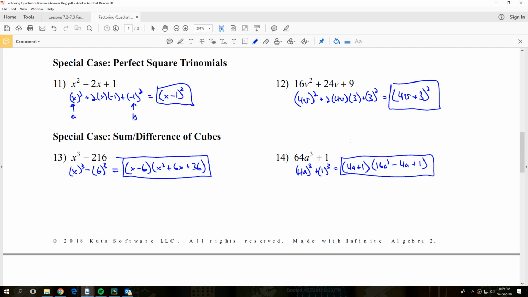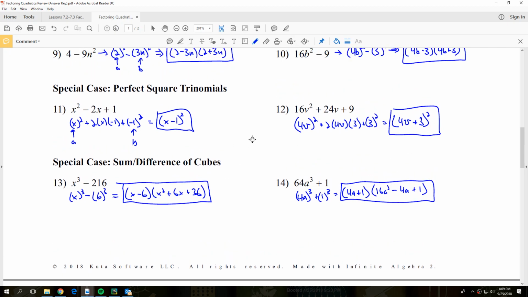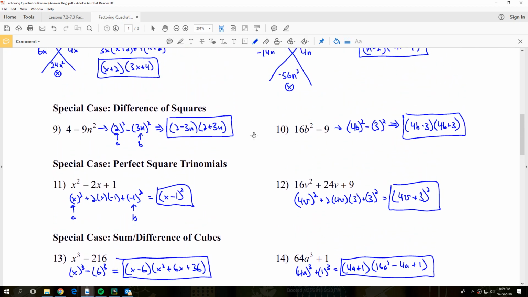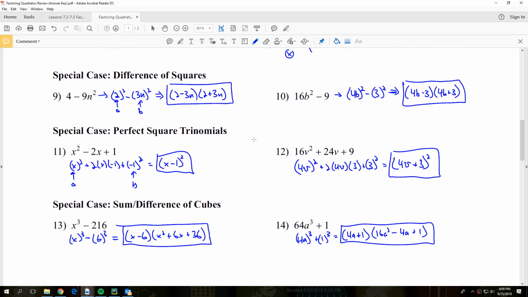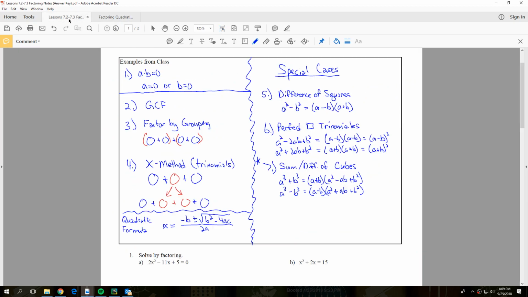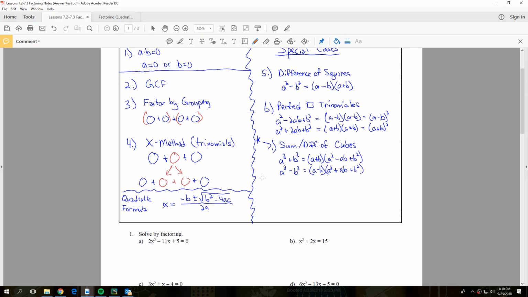Okay. There was one other method that I did not cover at all, and that has to do with solving. It's not really a method, it's just solving algebraically. I can't remember the actual name of this, but we'll put it in here. This is solving a square.